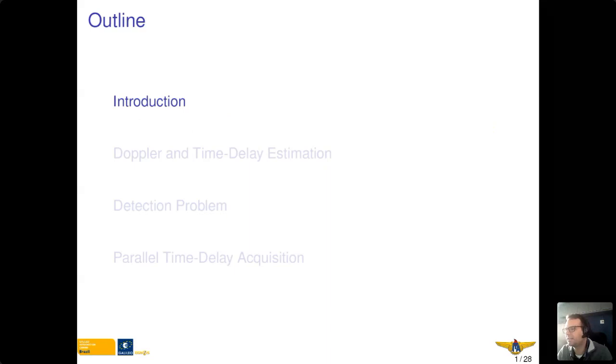We will discuss the detection problem, so detecting the signal and initializing the parameters. And then we will look into parallel time delay acquisition, which is one of the possible ways of performing acquisition.